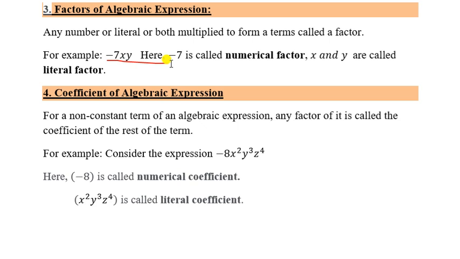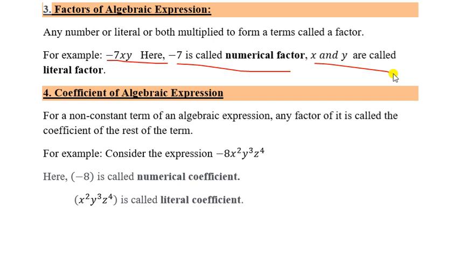But individually you can find factors from each term. So from minus 7xy we can find factors. 7 is called the numerical factor. I think you can identify the literal or variable factor: x and y, a literal factor or variable factor.